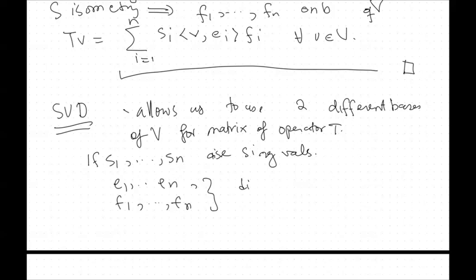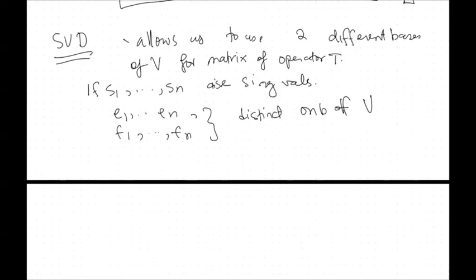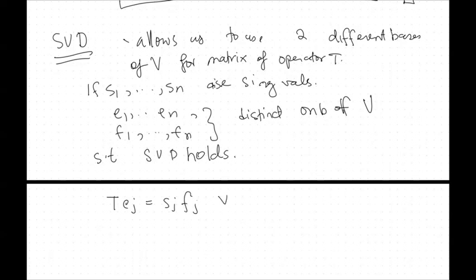These are distinct orthonormal bases of V. And suppose that your singular value decomposition holds, and here T e_j is equal to s_j f_j for all j.